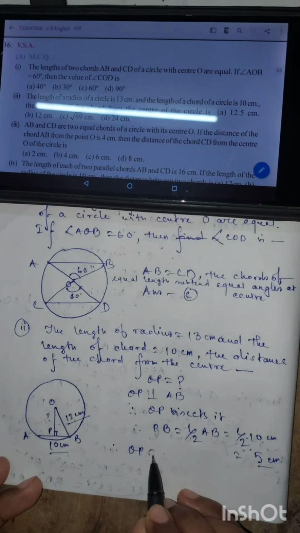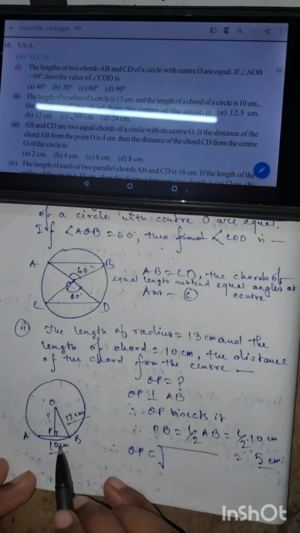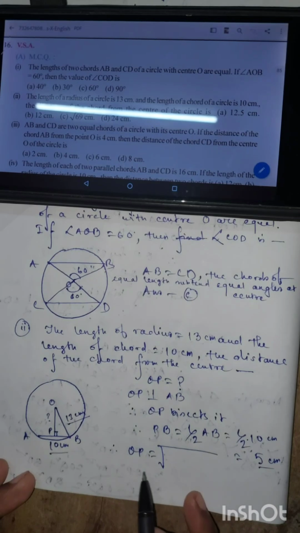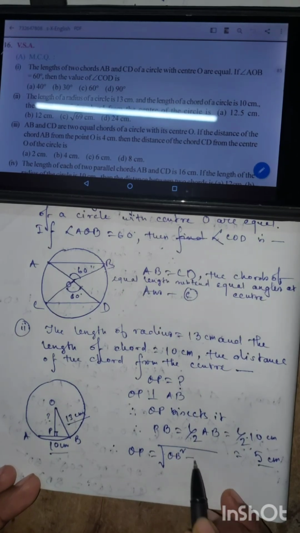Therefore, OP is equal to, by applying Pythagoras, we can say perpendicular will be equal to root over hypotenuse square minus base square.